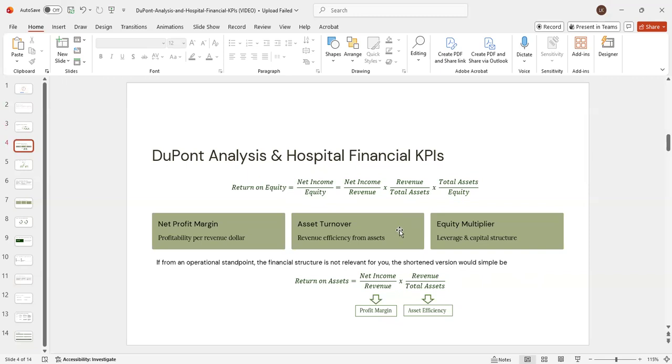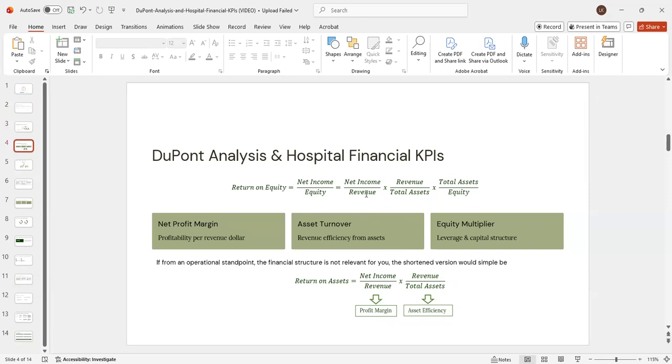If you are a 100% equity-financed business, or you're a nonprofit where the ownership component doesn't work for you, you can get rid of this last piece and reorganize the equation so that instead of return on equity, it becomes return on assets. So you get rid of the last component and just have the first and second components. That is, you maintain profit margin and asset efficiency, and you get rid of the capital structure, or the equity multiplier, in the equation.